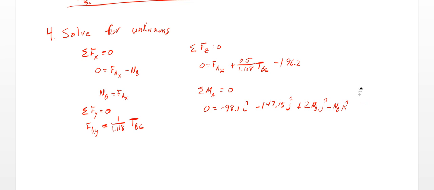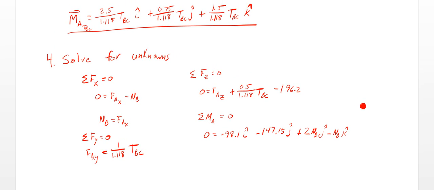And then last here we have these three terms from our tension moment. So plus 2.5 over 1.118 tension BC I plus 0.75 over 1.118 tension BC J plus 1.5 over 1.118 tension BC K. Alright, and that all equals 0.